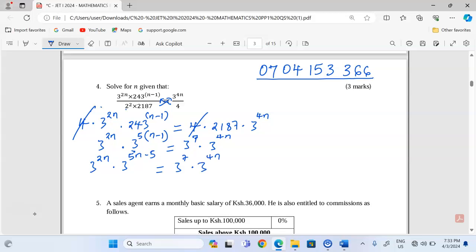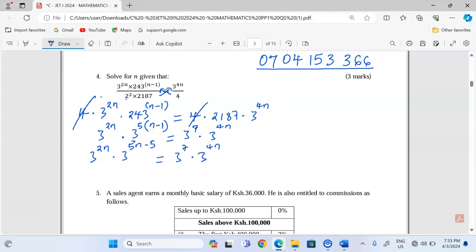Now, in the laws of indices, it should be recalled that when we have a certain base, let's say base a raised to power m, multiplied by the same base but raised to a different index n, we can simply solve this by taking the base and we add the indices, n plus m.